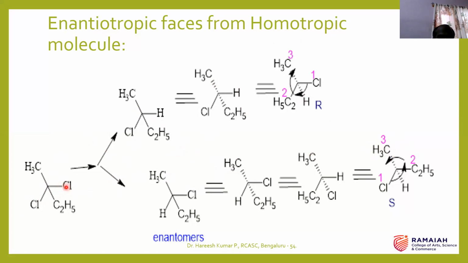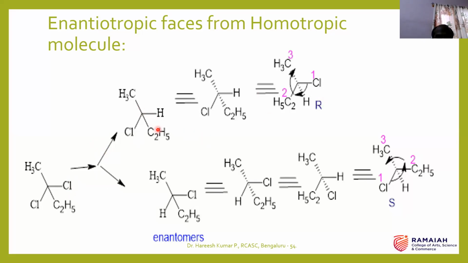Here one should replace Cl with H. How can you replace it? Maybe by doing reduction, it is possible to replace Cl with H. More particularly, hydrogenation in the presence of palladium charcoal or platinum charcoal is possible. Suppose this chloride is replaced, then you are getting the R configuration.